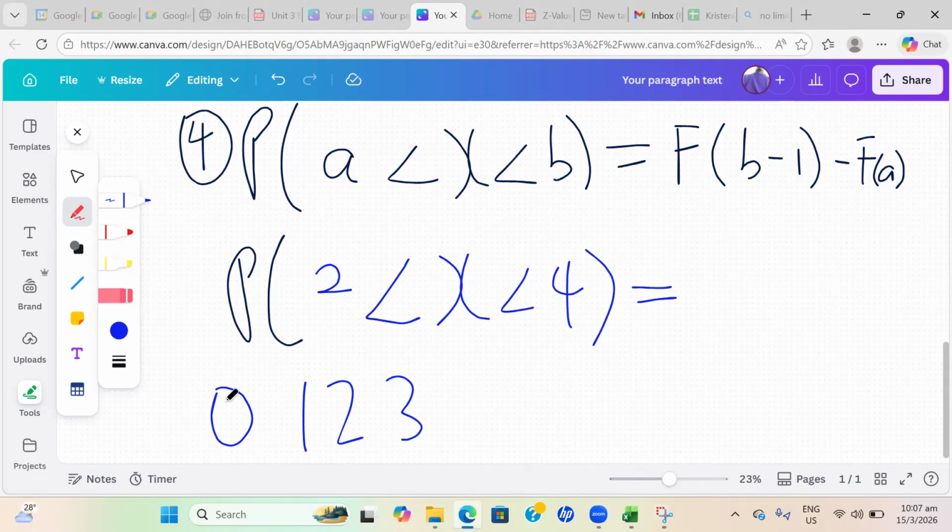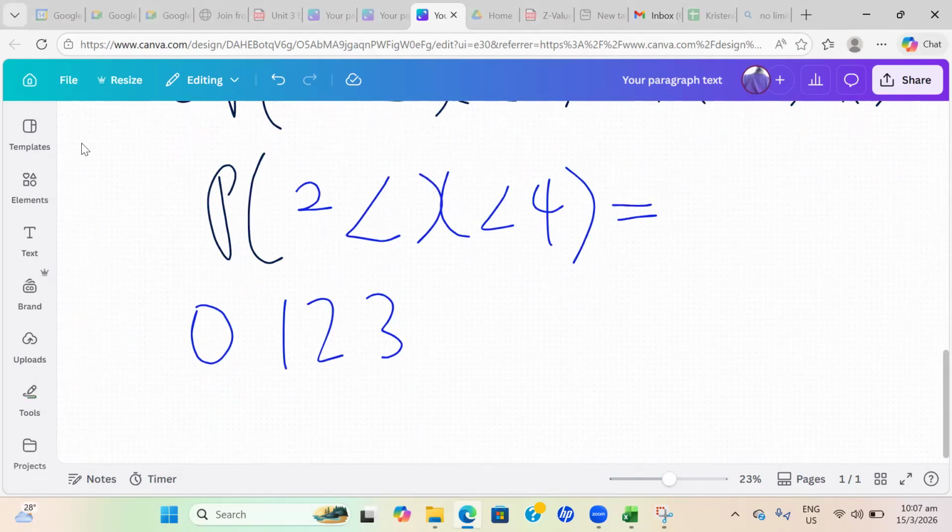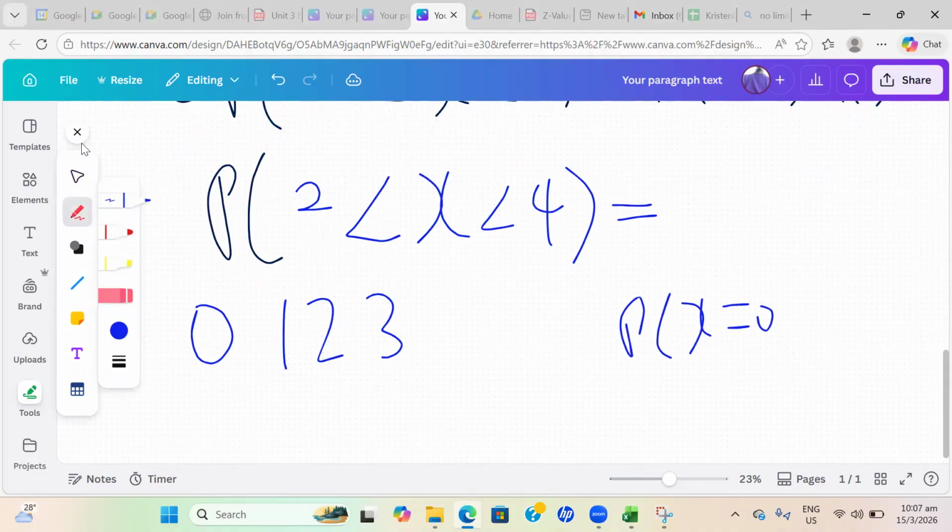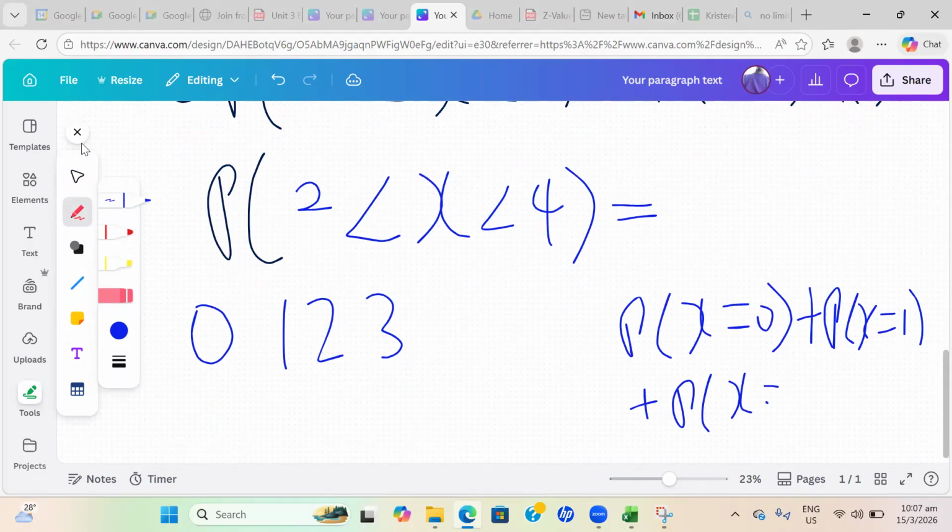So we're excluding x equals 1, plus x equals 0, plus x equals 2 here. So we're excluding f of 2. The probability of x equals 0, the probability of x equals 1, and the probability of x equals 2.